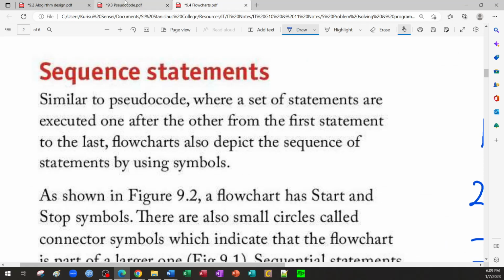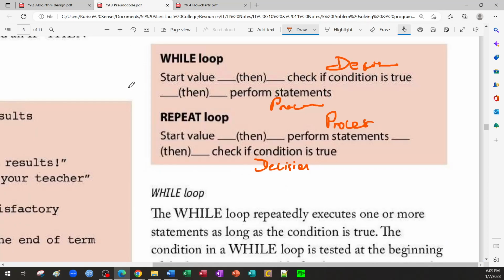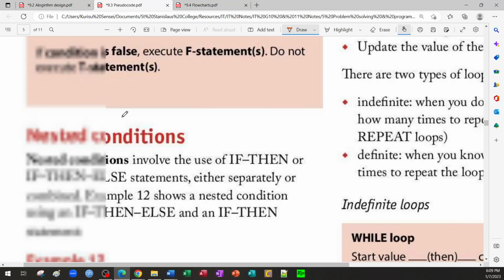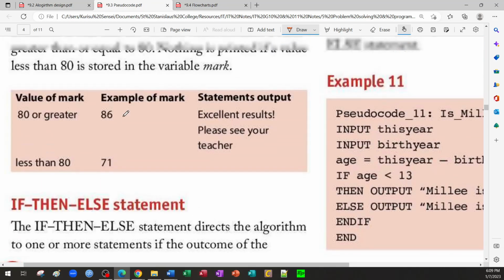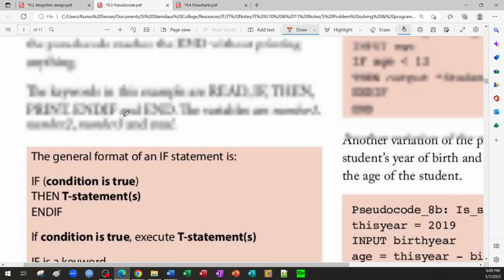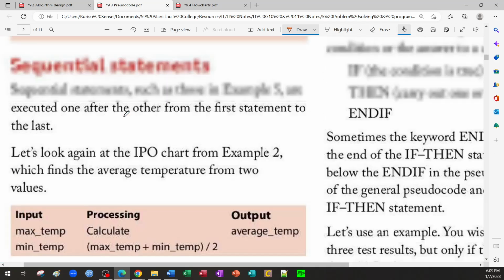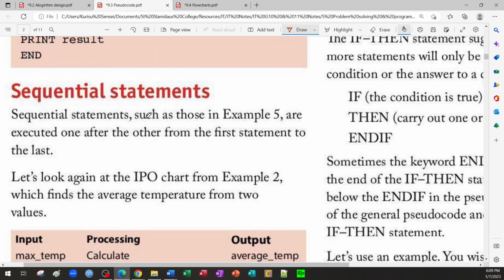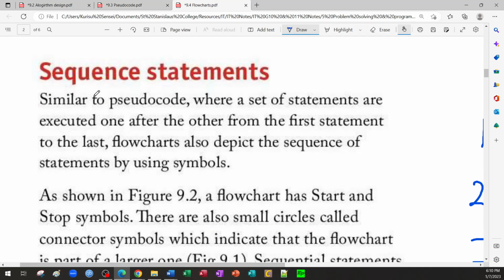So we would have learned about sequential statements when it came to pseudocode, and sequential statement basically meant that we're going in a sequence, we're going in order, basically one after the other from the starting to the ending. Sequence statements, your flowcharts basically does the same.